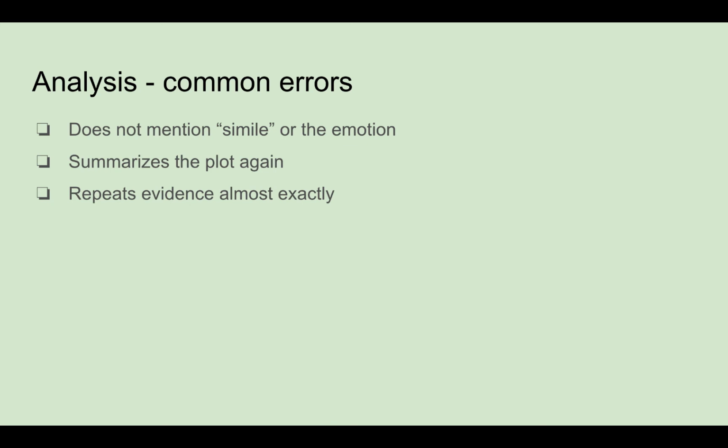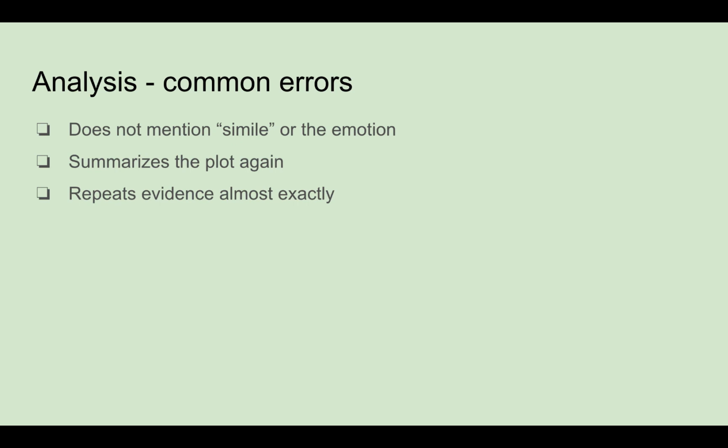These were some of the common errors. A lot of students did not mention the use of simile or the emotion word that their paragraph is about at all. So your analysis should be all about how the simile demonstrates the emotion you are writing about. Another mistake we noticed was that some people wrote analysis that was just summary of the plot.